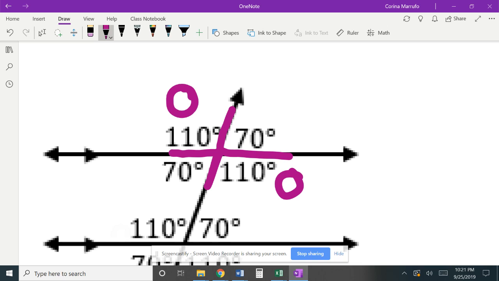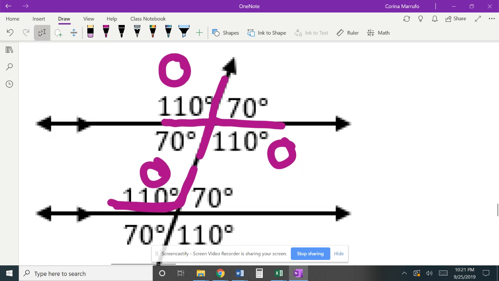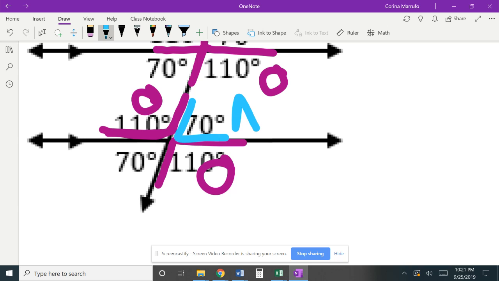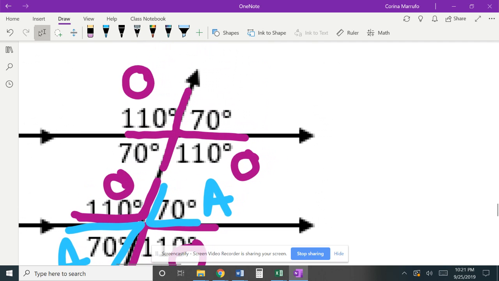Now, this angle over here also is an obtuse angle, and this angle over here is also an obtuse angle. Okay, then your acute angles. All your acute angles will be equal in measure, so they will all be 70 in this case. So those are acute angles. These are acute angles.